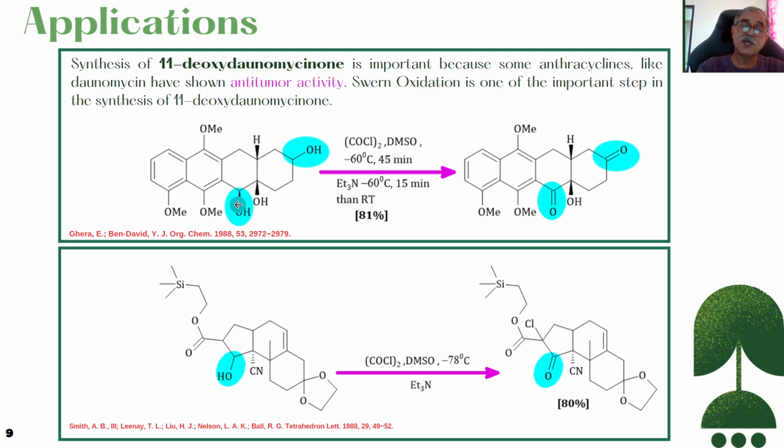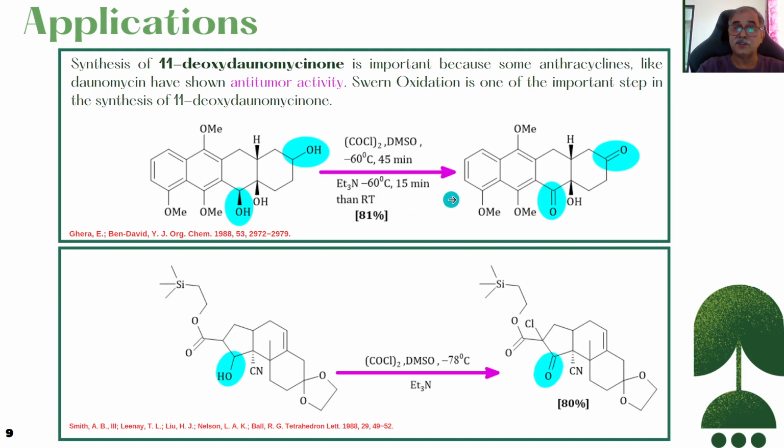So when this type of triol was reacted under the Swern oxidation process, oxalyl chloride, DMSO at minus 60 degrees followed by triethylamine, then the oxidation of these two hydroxyl groups took place selectively, because these are secondary hydroxyl groups, whereas the third hydroxyl group is not affected because this is a tertiary hydroxyl group, and the product is formed in 81% yield.